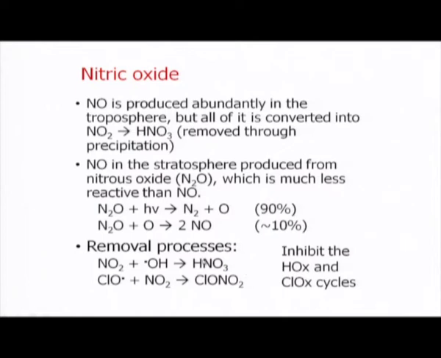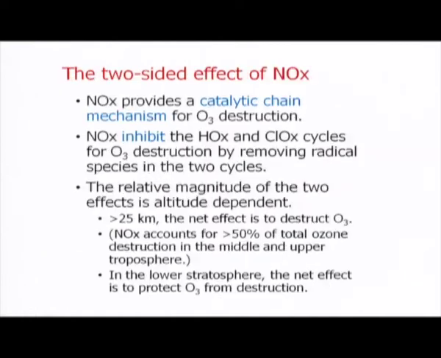In the removal process, NO2 can react with the hydroxyl radical and form nitric acid, and similarly the chlorine oxide radical can also react with this nitrogen dioxide, forming this chemical species and inhibiting the ozone layer depletion. In fact, the nitrogen oxides have a two-sided effect.